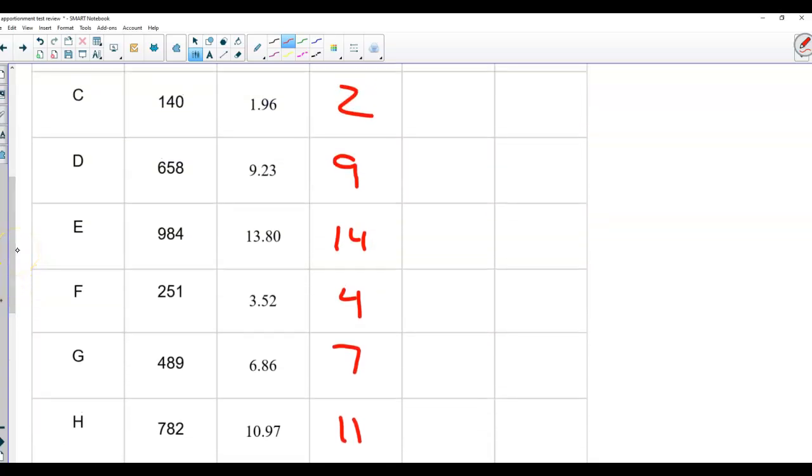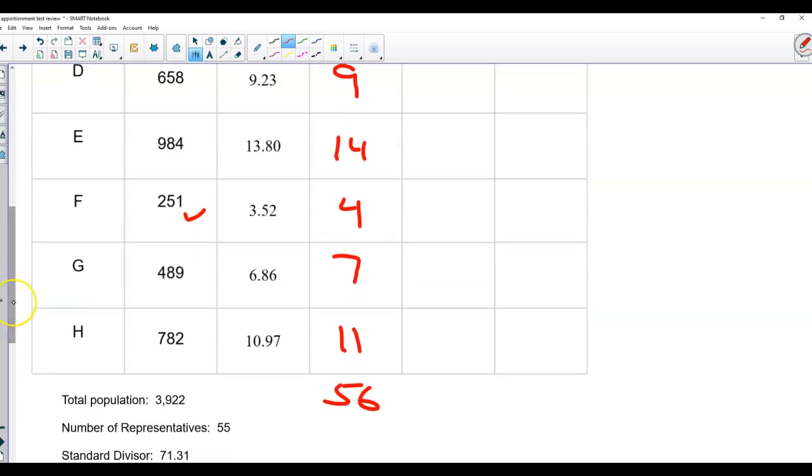It's pretty obvious which is the last one to move up. That one right there. It's 3.52. To get it to move down, I need that standard quota to be 3.49. Remember, with Webster method, movement is based off of 0.5.